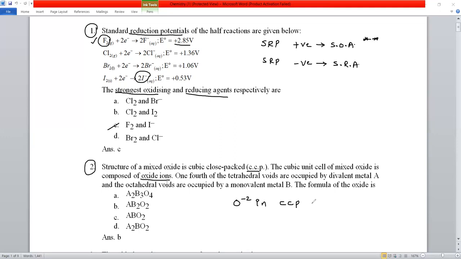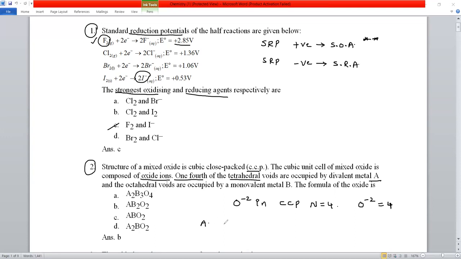So what is the N value for CCP? N value should be 4, so the oxide ions also are 4. All the CCP positions are occupied by oxide. Then 1/4 of the tetrahedral voids are occupied by divalent metal cation A.